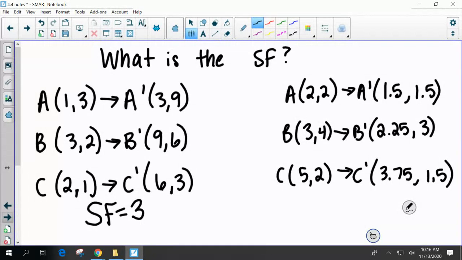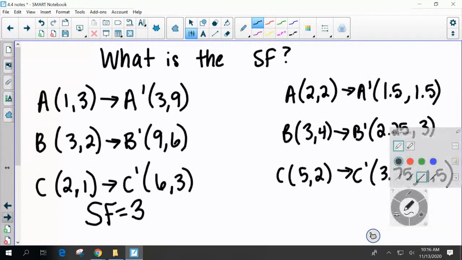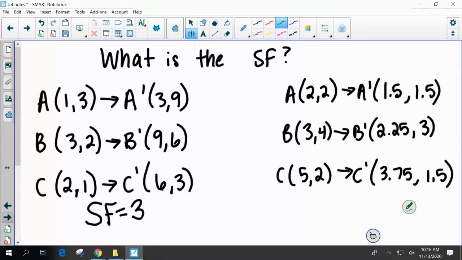Okay, so the second one you don't necessarily have to write down, but I would pay attention to it. On the second one, I don't really know off the top of my head what I have to multiply 2 by to get 1.5. Like quickly, I don't know. I'd have to think about it for a little bit. So here's a way that you can calculate this if you can't quickly see the mental math. I want you to write this part down. The scale factor equals the prime divided by the original.